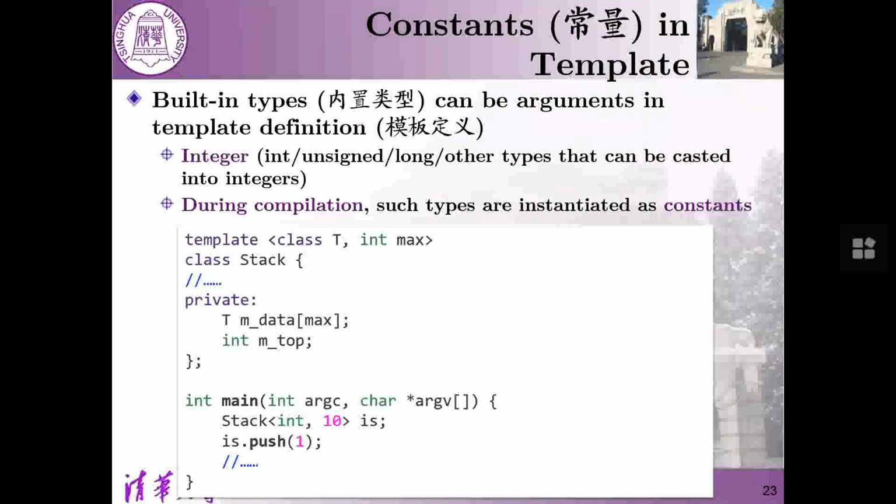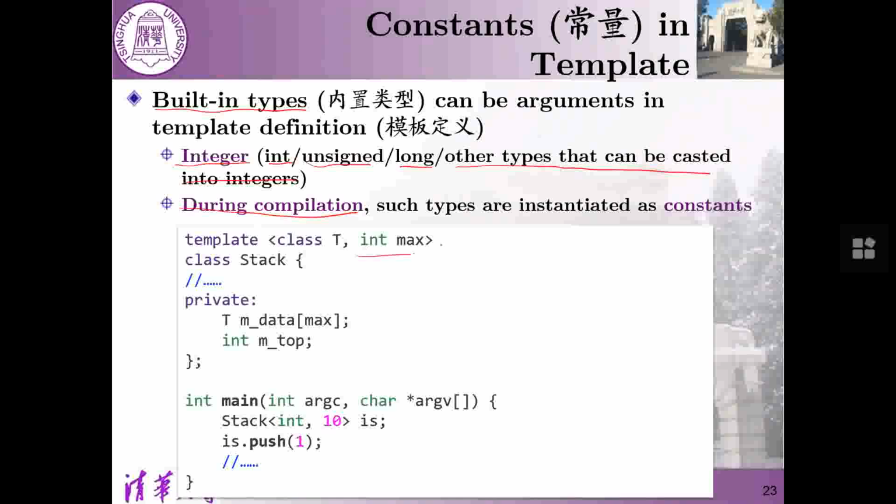There are also some other grammars on templates. For example, we can use built-in types as arguments in the template definition. Typically it's integer, either int or unsigned int, long, or other types that can be cast into integers. During compilation, such arguments are instantiated as constants.